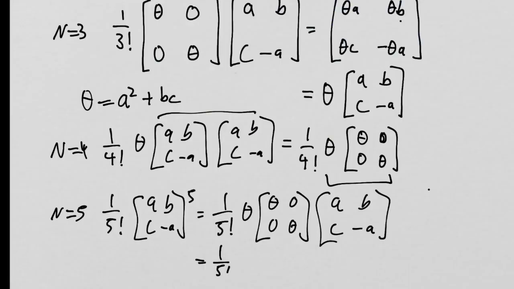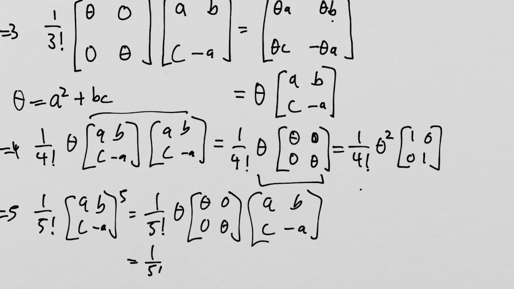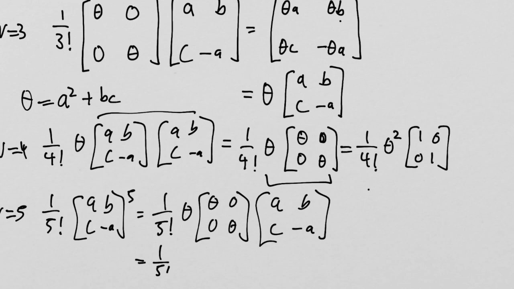Actually, right here, I should have written that this is equal to 1 over 4 factorial theta squared times the identity matrix. That would have made this line a little simpler.